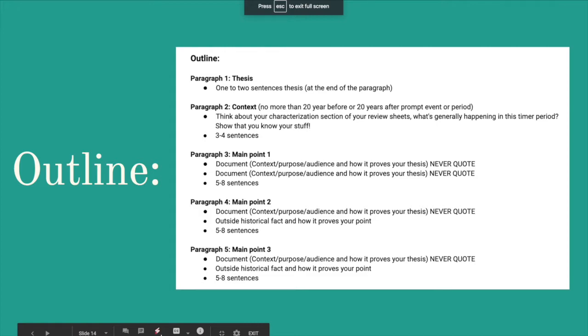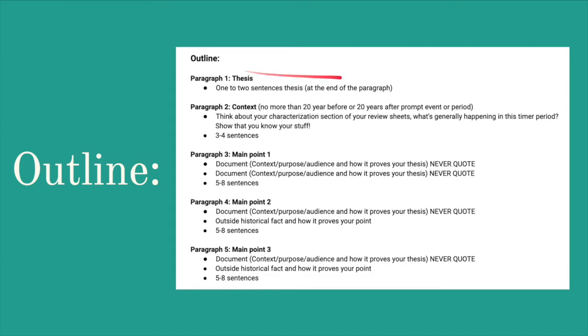Okay, now the outline. I'm not going to spend a huge amount of time on this because you guys have written a ton of essays and you kind of know the deal. Your first paragraph is going to be maybe 3 sentences, a little introduction on the topic, and then give me your thesis. Make sure it is at the end of the paragraph.